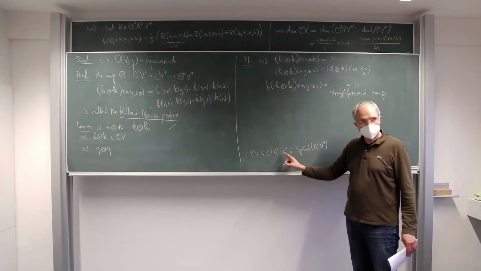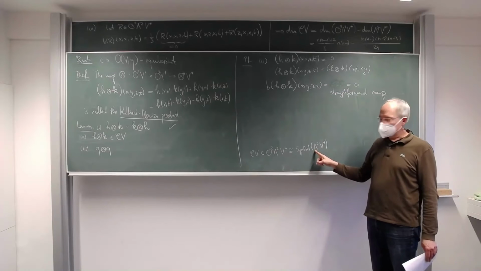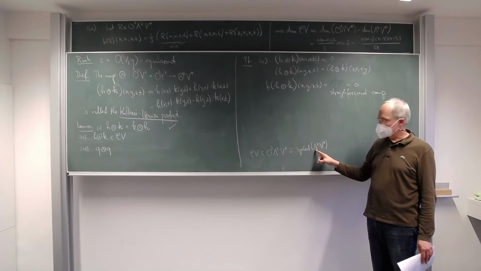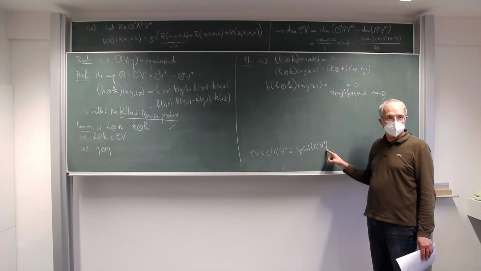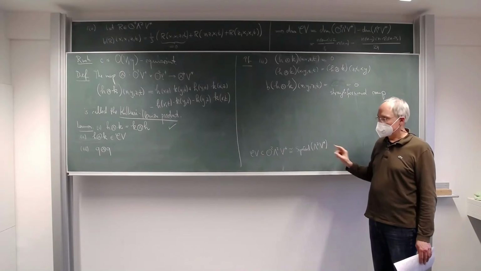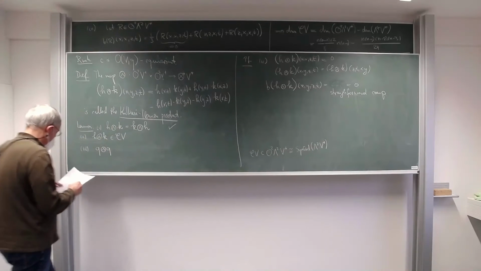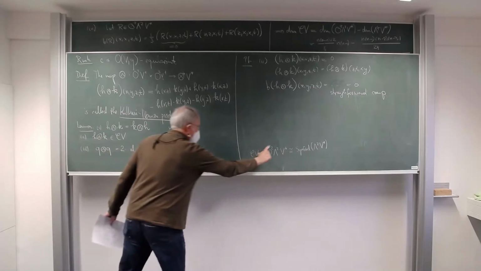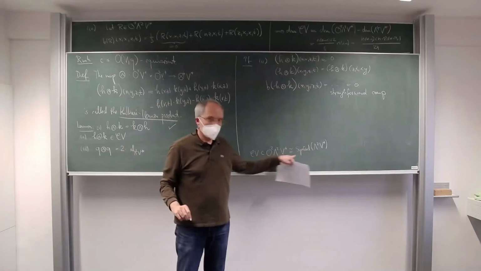And the metric can be used to identify those spaces. And if we look at it from this point of view, then of course we immediately see a canonical element in here. Symmetric endomorphisms of some vector space, there is something canonical in it, namely the identity. The identity map. And in fact, it is 2 times the identity map of lambda 2 V star when we use this isomorphism.